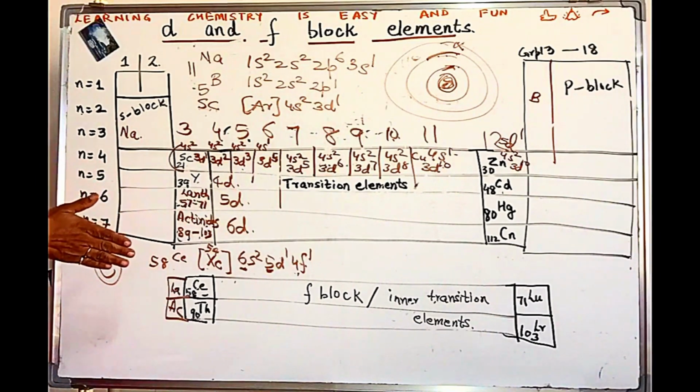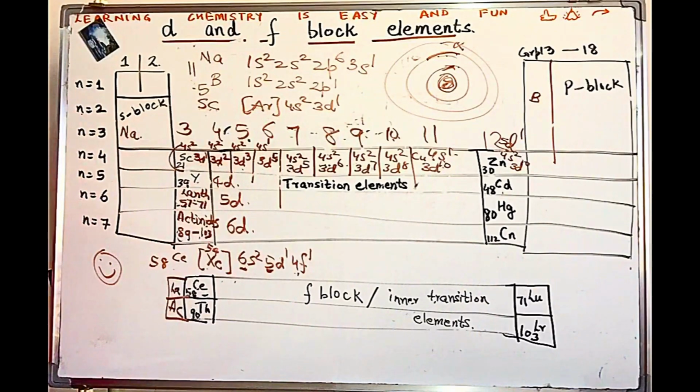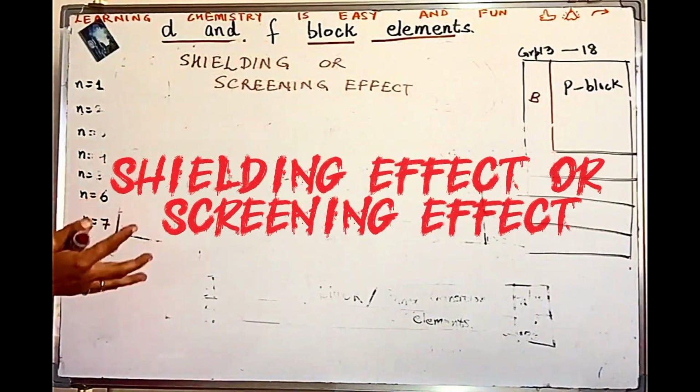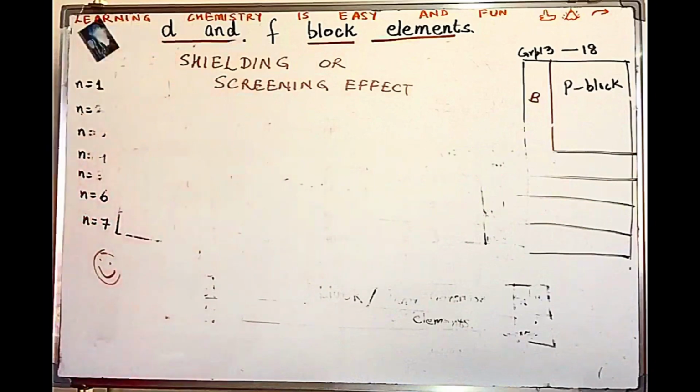I will explain a little bit, but the details are in that video. What is shielding effect and what role does it play in the D and F block elements? Let's do that. Shield, protect, stop. That is the meaning of the word shield or screen.